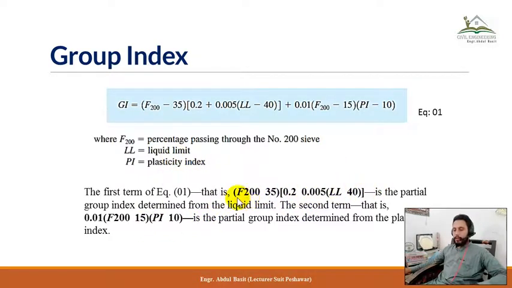It is written that this first term, which is based upon the liquid limit, is the partial group index determined for the liquid limit. The second term is actually the partial group index of the plasticity index. So this is the difference between these two terms. Why I am talking about these two terms separately, you will get to know now.